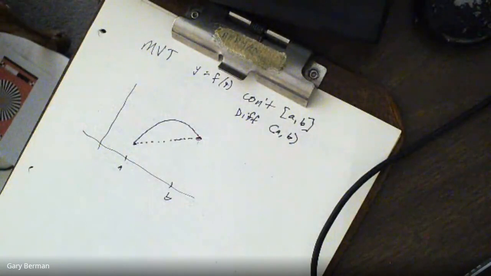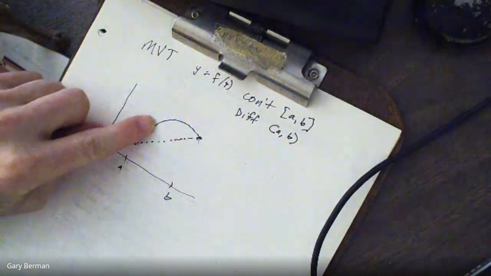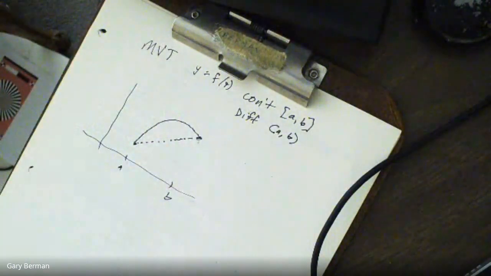Now, let's think about what happens if we start here and travel up the curve going to the endpoint, okay? Let's think about this in terms of the tangent to the curve. What's happening to the tangent line to the curve?